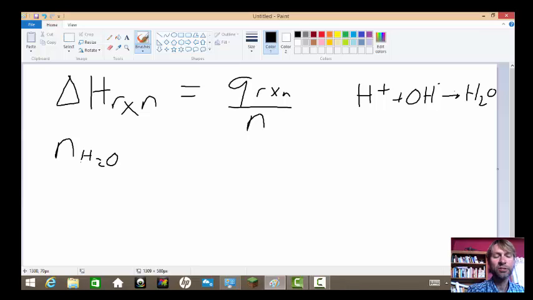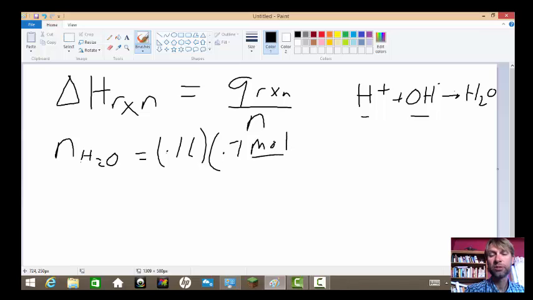Okay, so if we find the moles of water, that's going to be the same as the moles of H+ or OH-. And so that is going to be the volume of one of these. Remember, it was 100 mL, so that's 0.1 liters times its concentration, which is 0.7 moles per liter, and that gives us 0.07 moles.